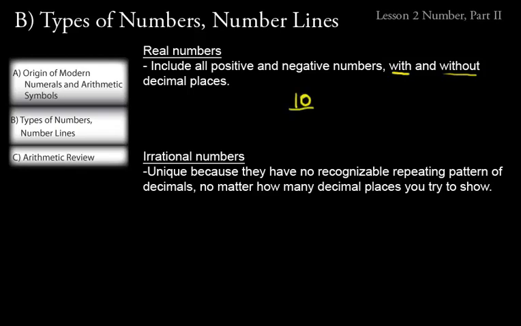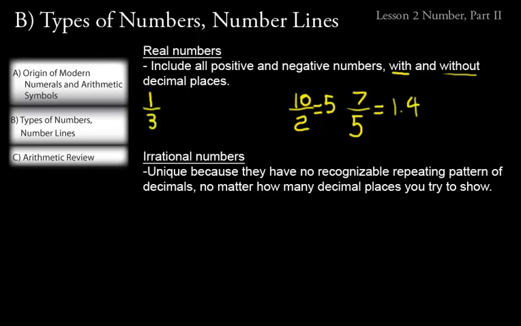So 10 over 2, 7 over 5. Rational numbers, again, are a type of real number. They have a decimal form. All fractions have a decimal form, right? 10 over 2, we could write that as an integer, 5, or as a decimal, 5.0. 7 over 5 would be 1.4.